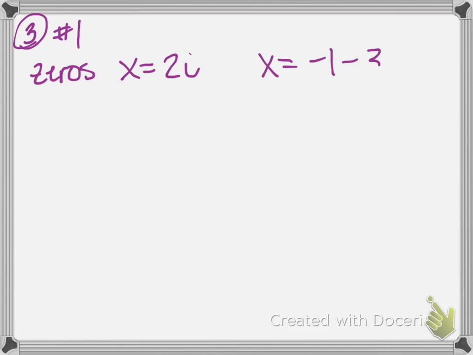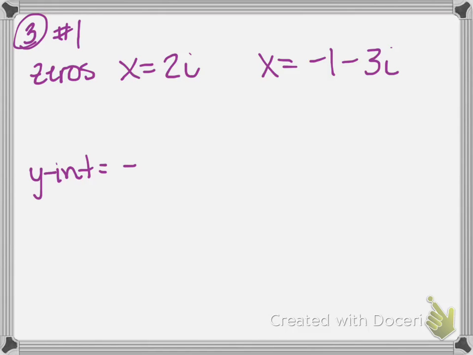Write an equation in general form for a 4th degree polynomial with real coefficients, zeros 2i and negative 1 minus 3i, and a y-intercept of negative 10. So zeros are 2i and negative 1 minus 3i.